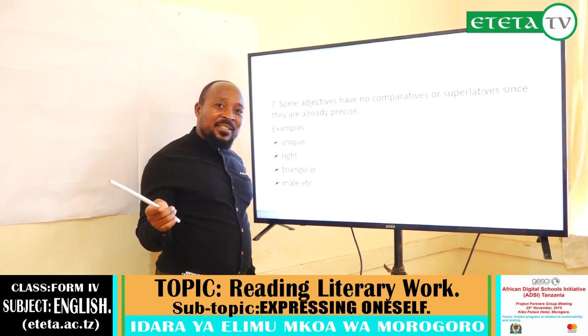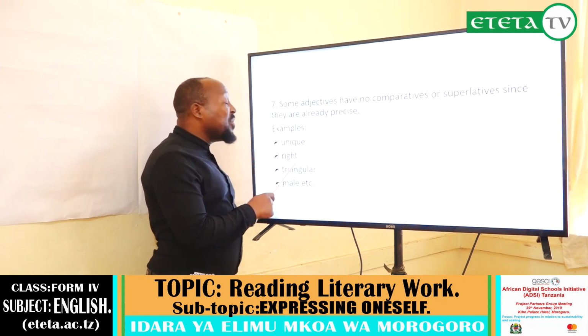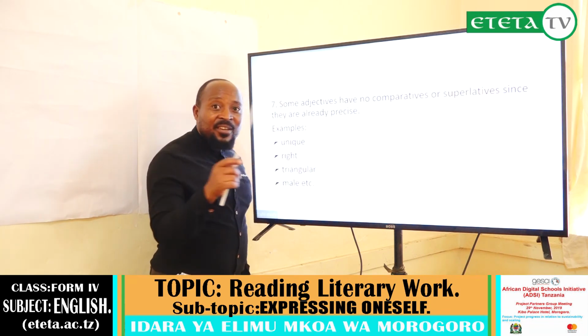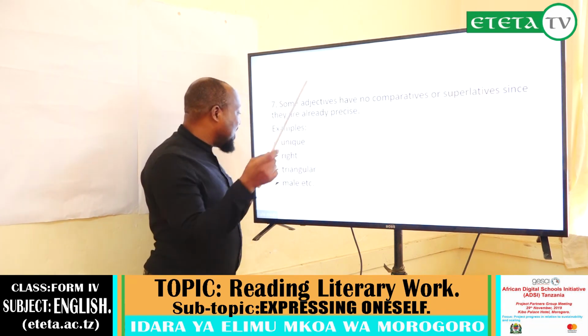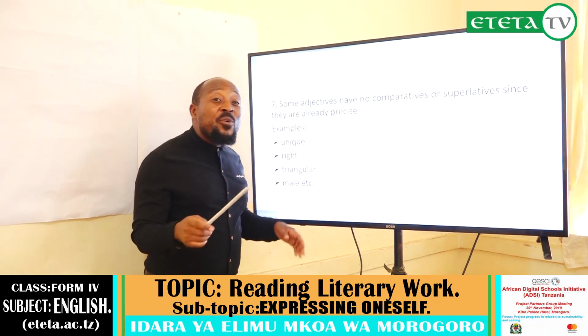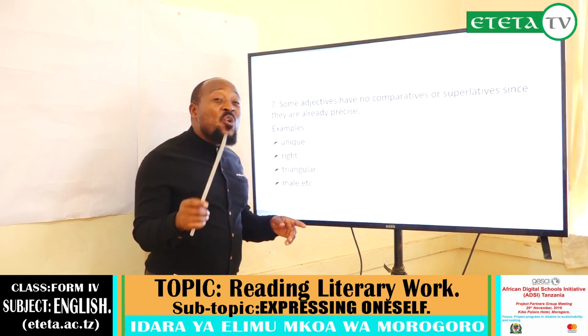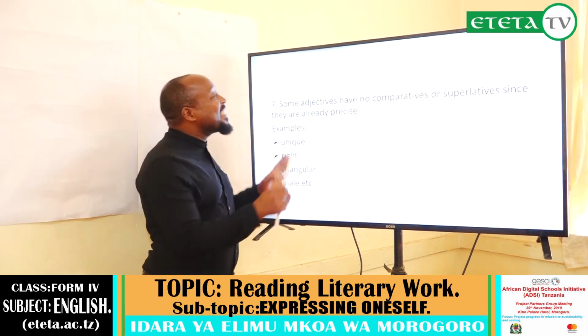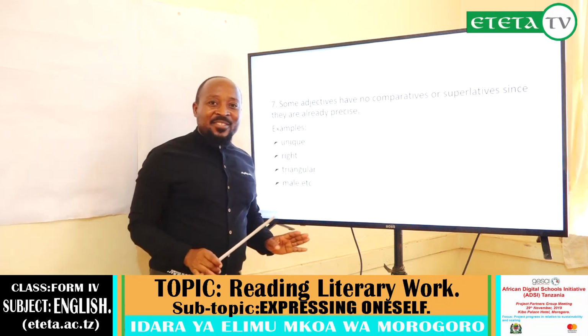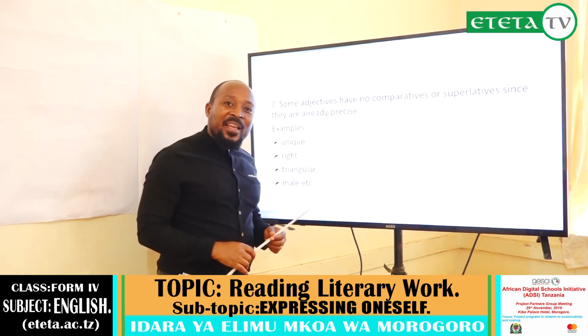You say a unique house, a right track, a triangular house. There's no way you can add ER or you can add EST. They are just like that. They are just unique in their way. So you leave them as they are.